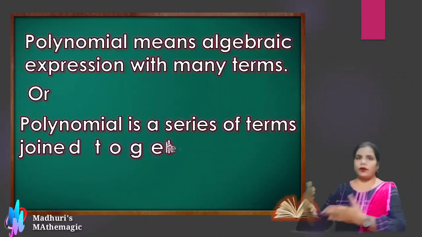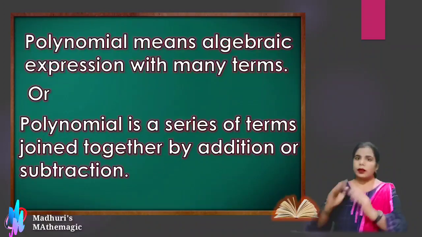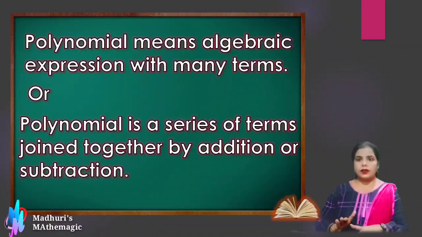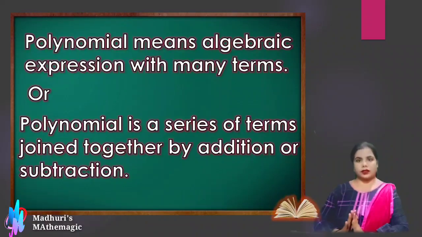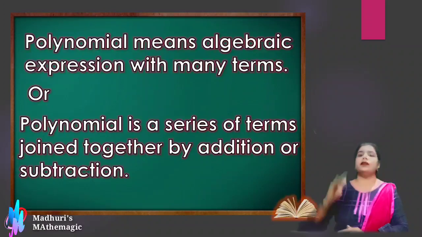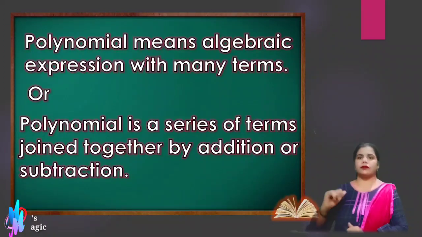Polynomial is a series of terms joined together by addition or subtraction. Means in between two terms, the operation is there, that is addition or subtraction. Okay, are you getting this one? So, what are polynomials then? Polynomial means algebraic expressions with many terms.